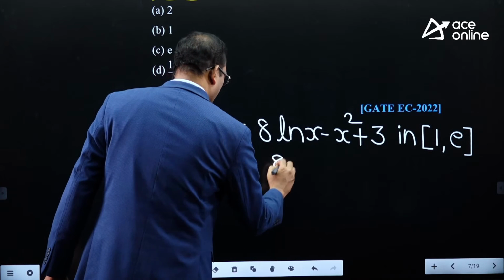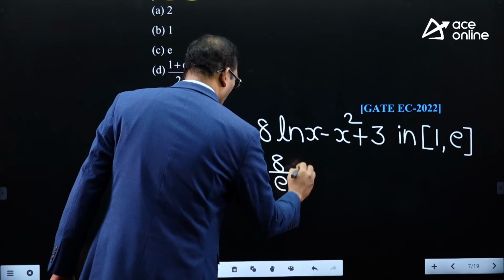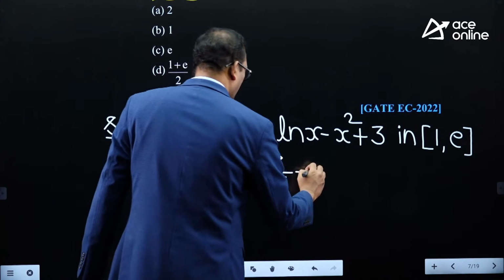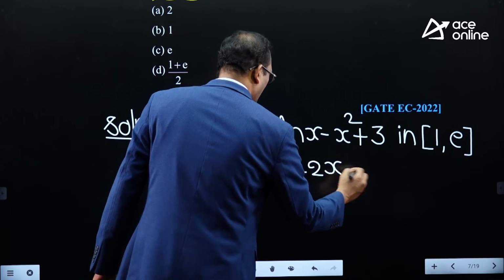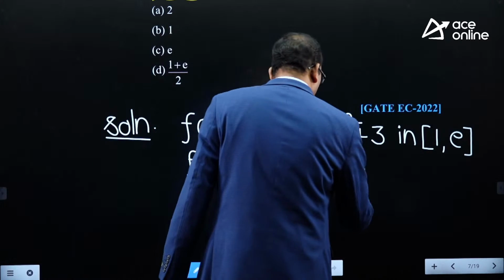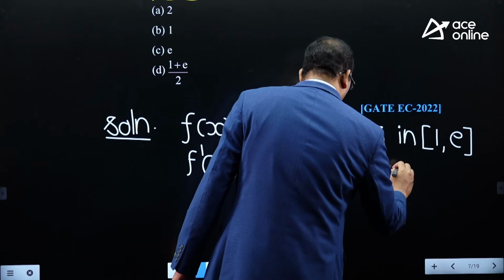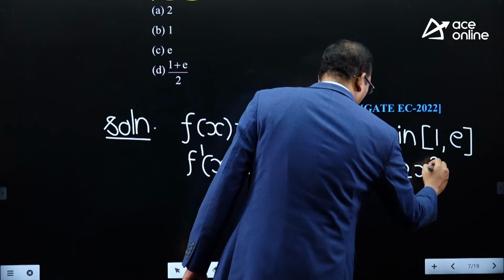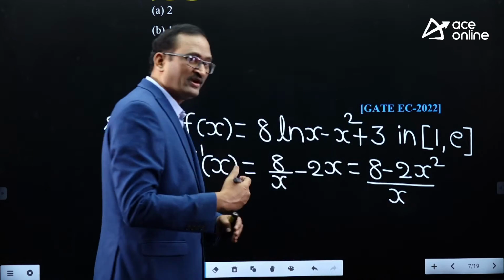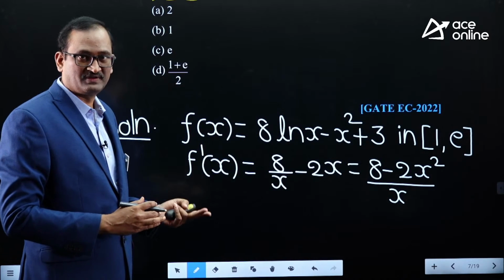Find f dash x. 8 into ln x, derivative 1 by x, minus x square, derivative minus 2x. Take LCM, then it is 8 minus 2x square, LCM is x. So 8 minus 2x square by x. Now I wish to find f double dash x as well.